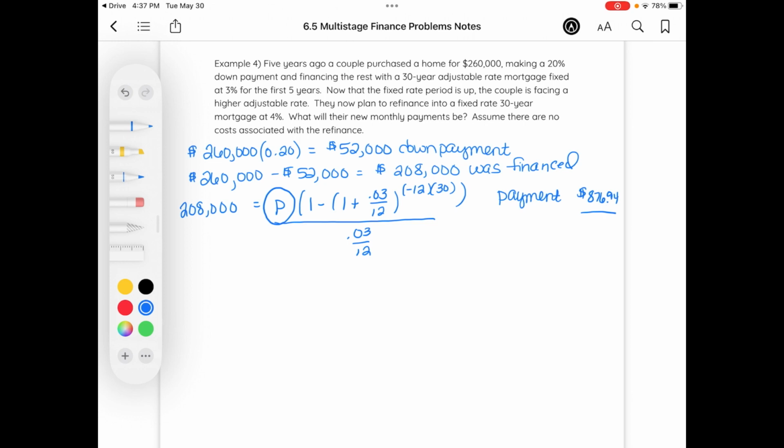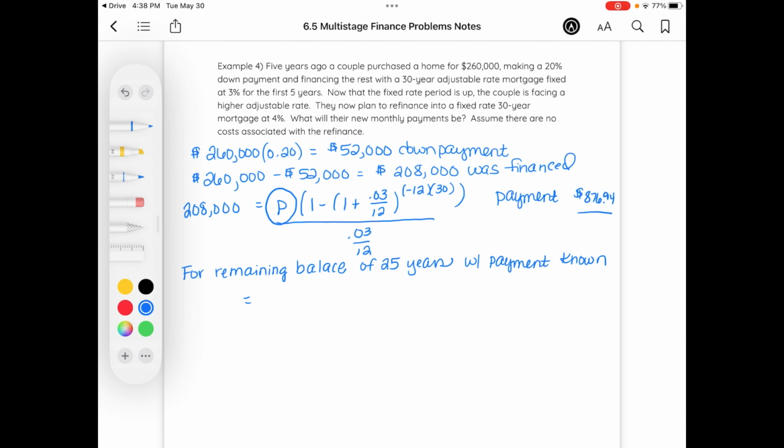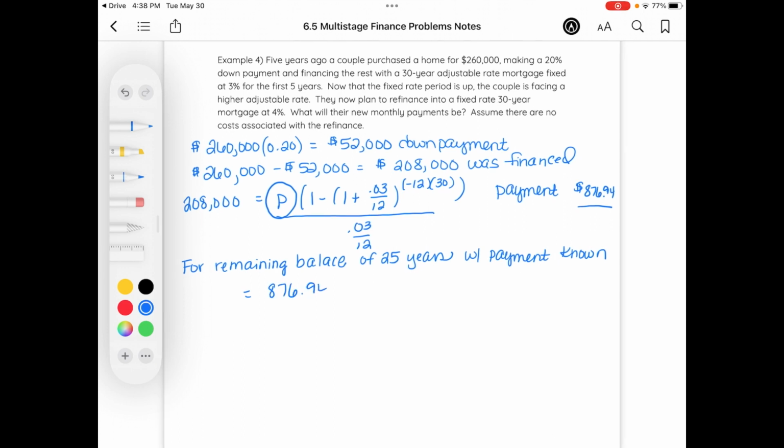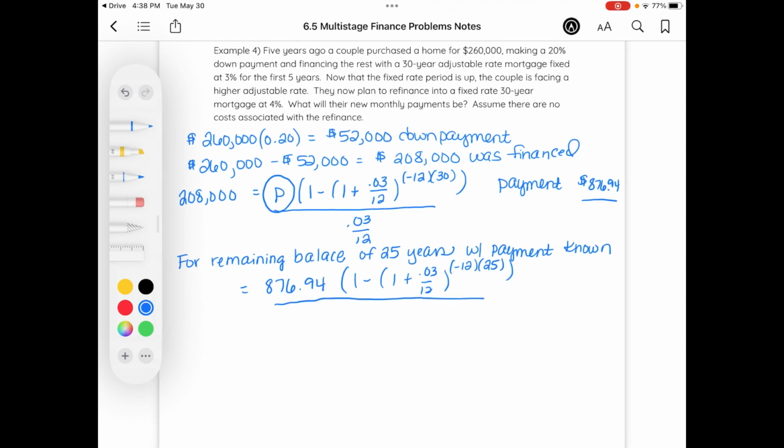Well, now that we know what our payment is, we should be able to find the remaining balance after we've made payments for 5 years. So to find that remaining balance, with our payment known, we can use the same formula just with 25 years instead of 30 and utilizing our payment that we have of $876.94 times the quantity 1 minus 1 plus 3% over 12 to the power of negative 12 times 25 years, because that's what we're interested in, how much is left on our loan.